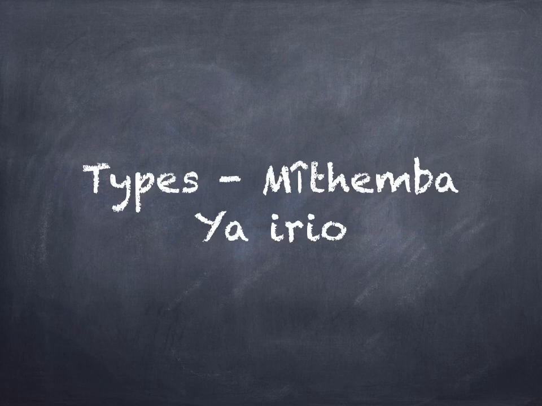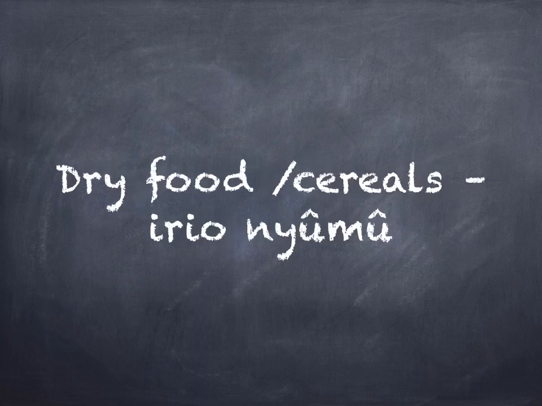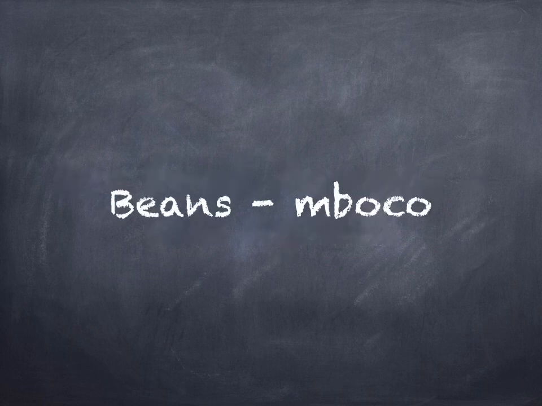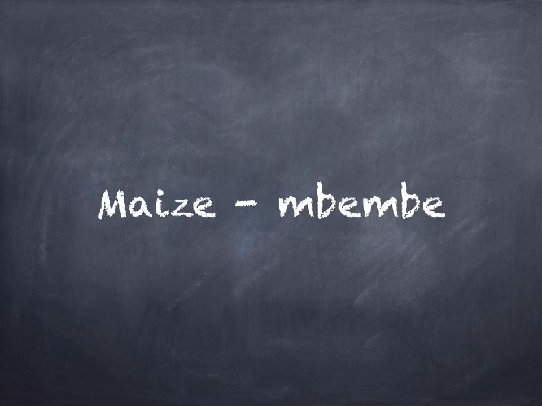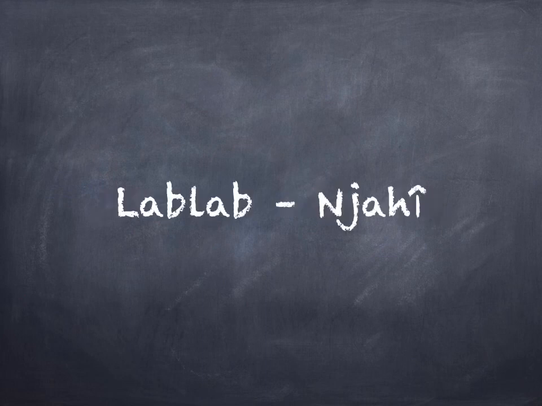Now looking at the different types of food, which we call mithemba ya irio. Dry food, also known as cereals, in Kikuyu is referred to as irio nyomo. And these include beans, which we call boso. Maize is bebe.